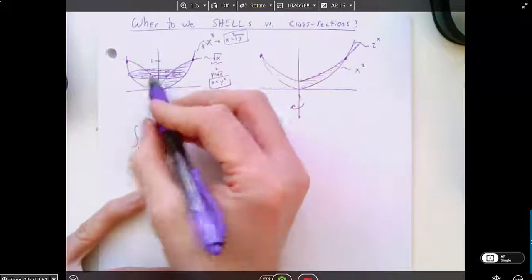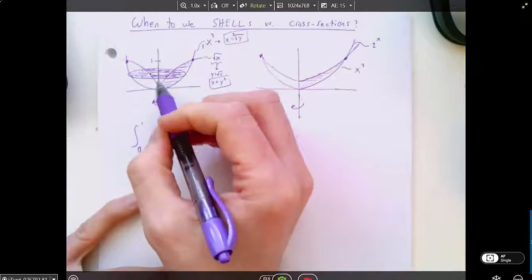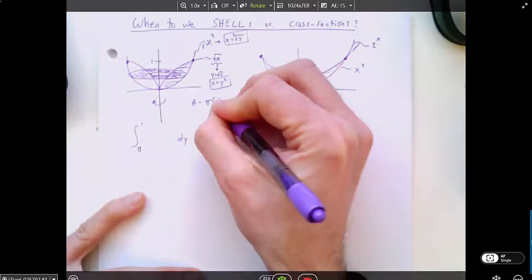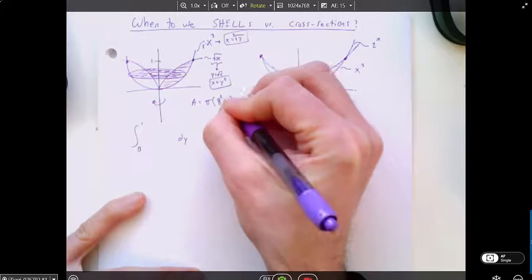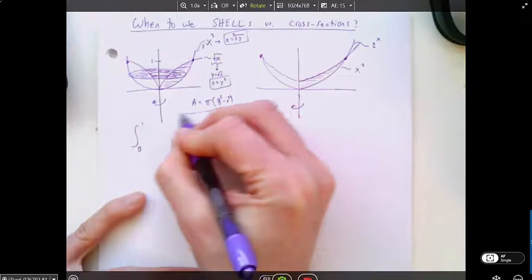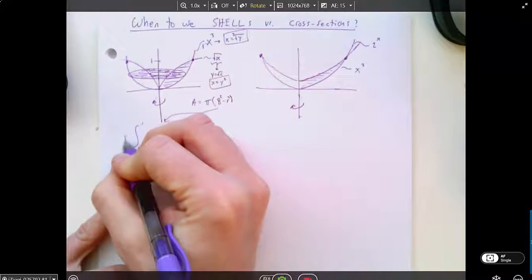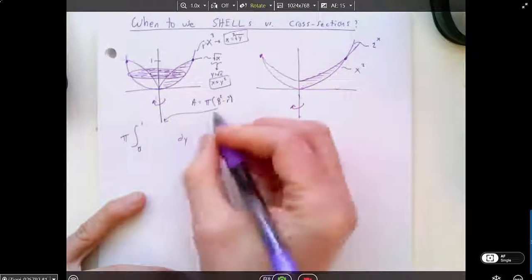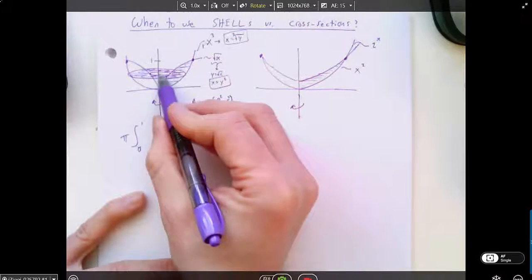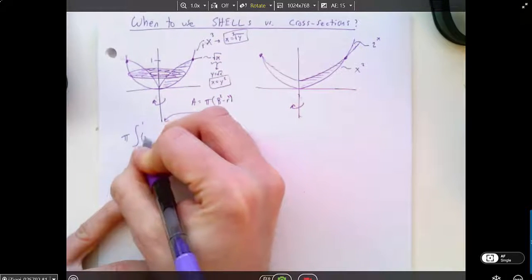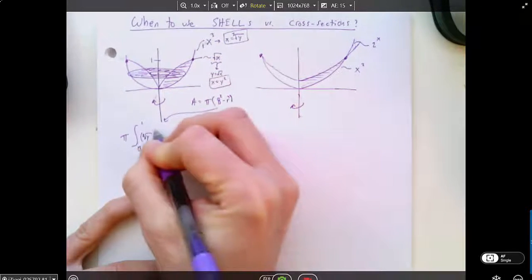So if you remember, the area of this kind of washer shape is pi times the large radius squared minus the small radius squared. So that's what I want to apply in here. So I've got pi times, let's see, my big radius squared was determined by this function, which is cube root y.